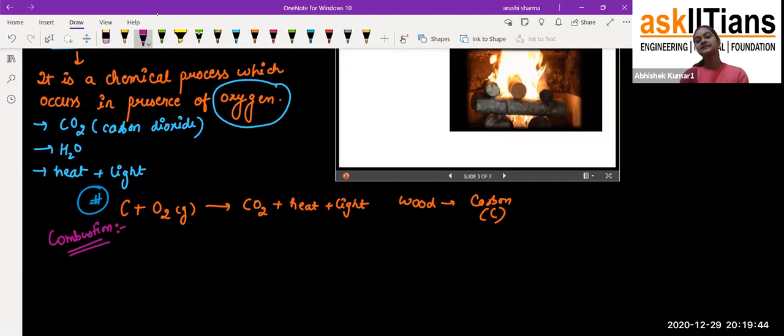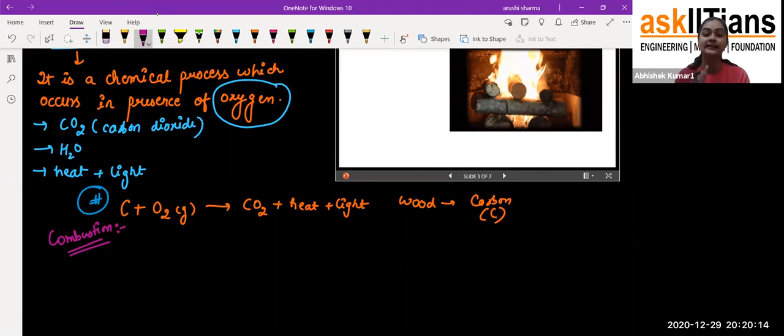Now, as you can see, we are getting heat and light. Students, there is one very important word in this definition that I want you to notice. Whenever we get any definition, it is always in a standard form and contains some very important words, so we have to focus on those words, like in the presence of oxygen.